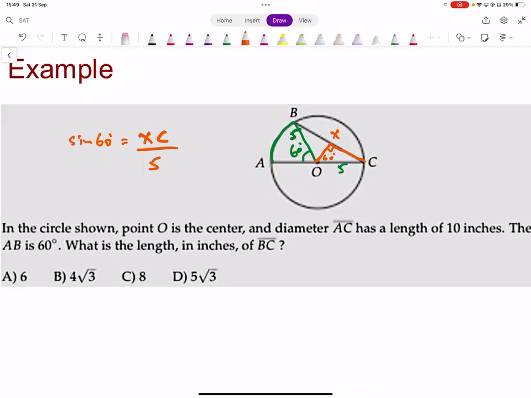Remember that? 30, 60, 90. You could do it without trigonometry as well. The hypotenuse is 5. The smallest side is going to be 2.5, and this side is going to be 2.5 under root 3. Make sense? And then this complete side BC is going to be 5 under root 3.